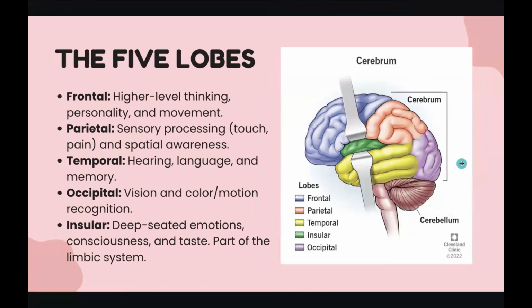Now, more about the five lobes that we discussed previously: the frontal, the parietal, temporal, occipital, and insular. The frontal, from its name, is in the front. It's all about higher level thinking, personality, and movement.